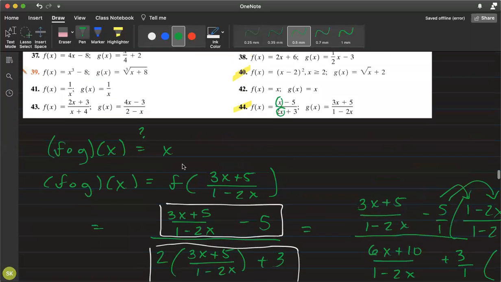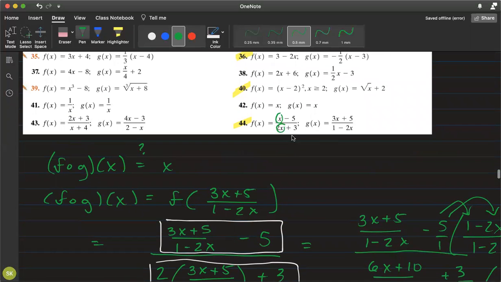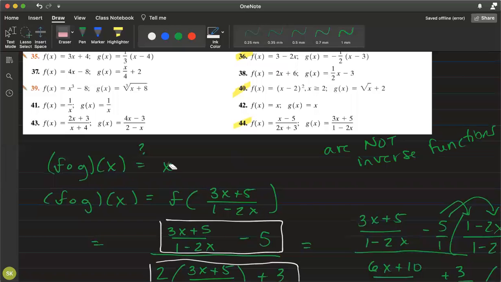But because I didn't end up with just x, these two are not inverse functions. If you get that f composed of g is x and then the other one, g composed of f, is not x, then they're not inverse functions. You have to have both of them being x.